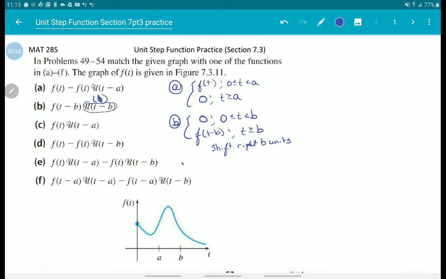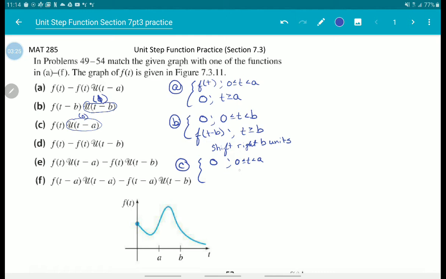And then let's look at C. So if we look at C and we want to rewrite this in terms of a piecewise function, it's kind of the same thing. Up to A, this guy's going to take on a value of 0. So f of t times 0 would just be 0.